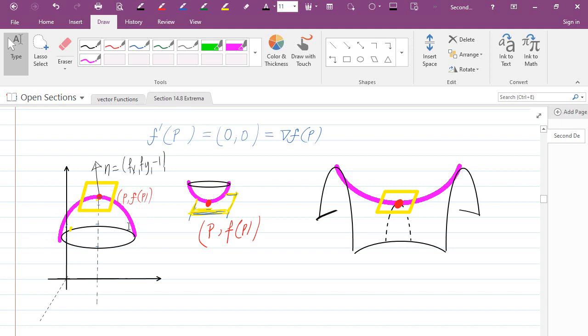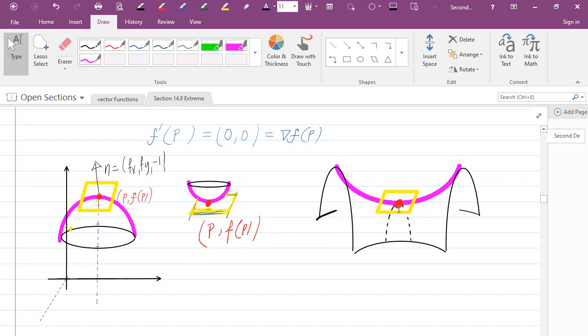In the second case, again, the tangent plane is horizontal, P is the critical point, but we have a local minimum here. And the third case that can happen is that at the point P, f of P, we have a saddle.